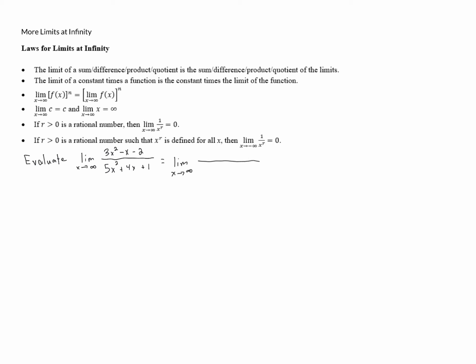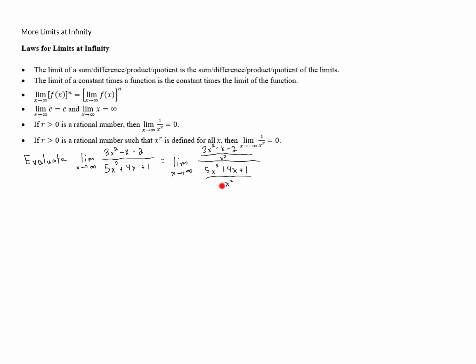But in the numerator and denominator, we're going to divide them by x squared. In the numerator, we're going to have 3x squared minus x minus 2 divided by x squared. And in the denominator, we're going to take 5x squared plus 4x plus 1 and divide that by x squared.